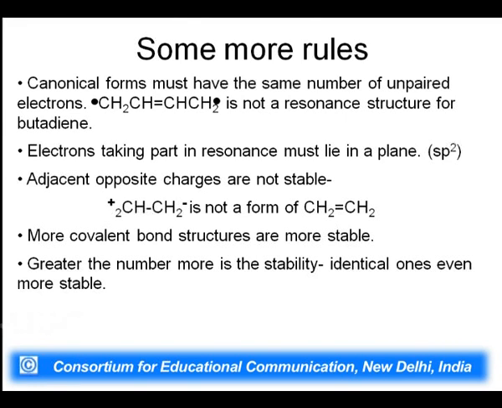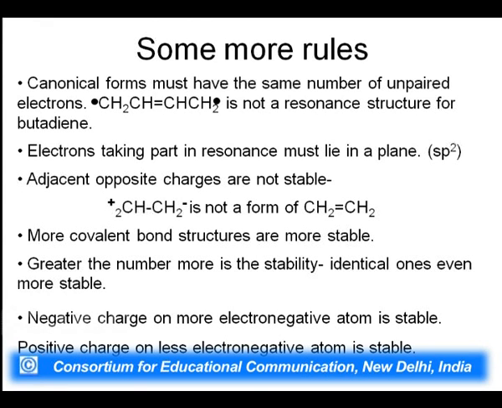So we can say that the benzene case is the identical ones case because of the fact that the structures are very much similar, right. Then the point comes, negative charges on an electronegative atom are more stable and positive charges on a less electronegative atom are more stable.